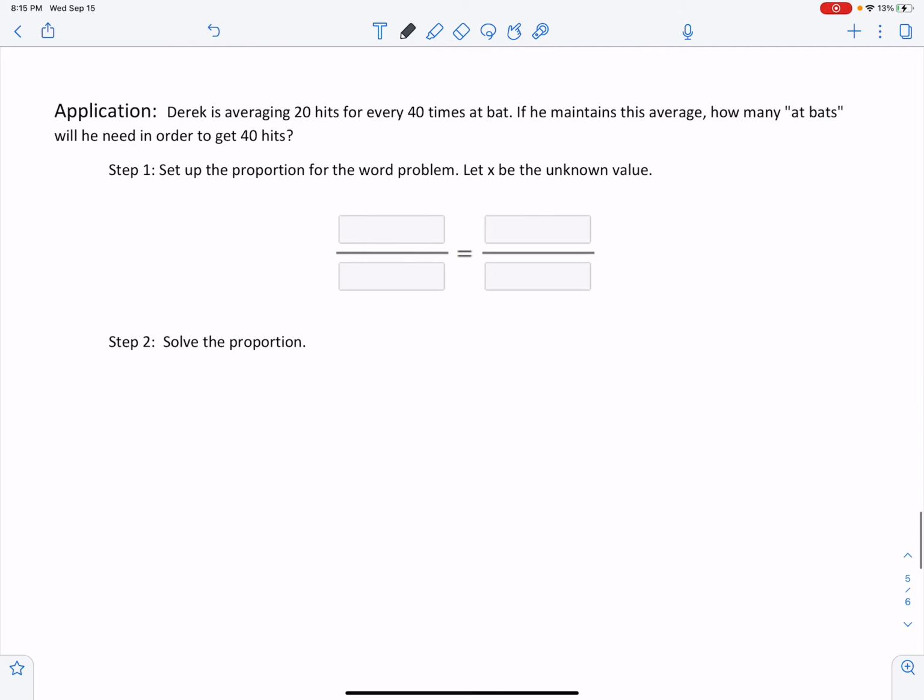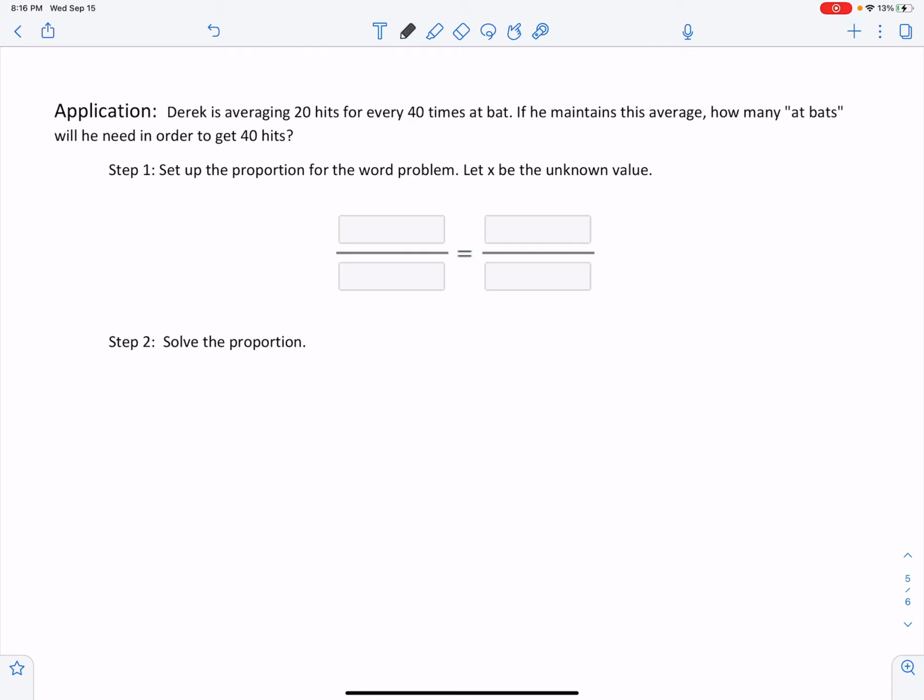All right, the next one, Derek is averaging 20 hits for every 40 times at bat. If he maintains this average, how many at-bats will he need in order to get 40 hits? So step 1 says to set up the proportion, and this is an exact screenshot out of Hawks, and so it'll look just like this in your homework. And then step 2 says to solve the proportion.